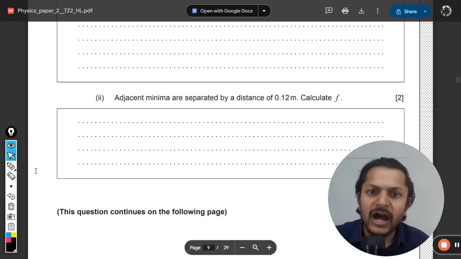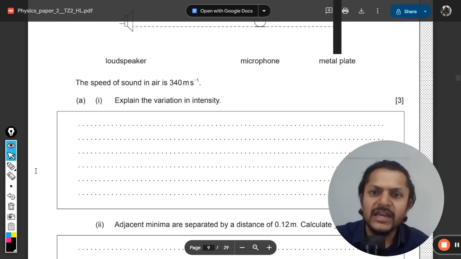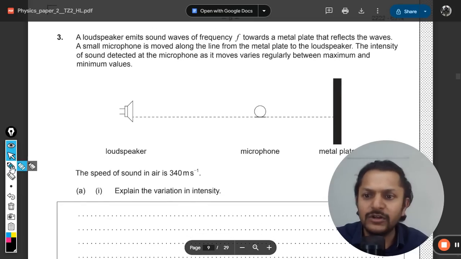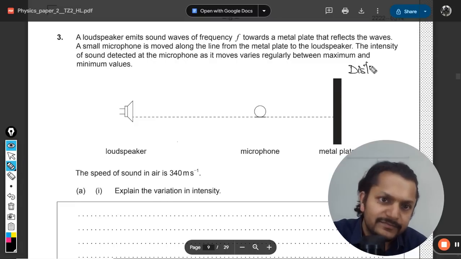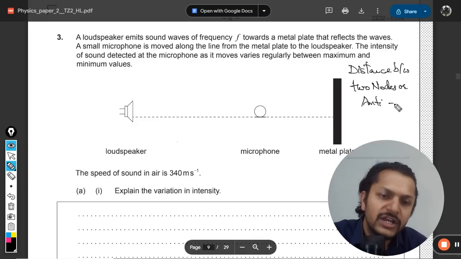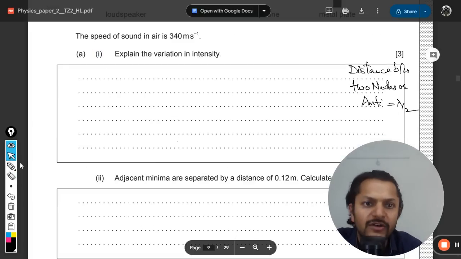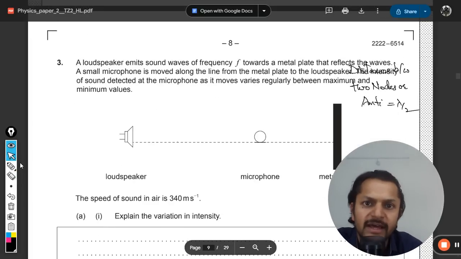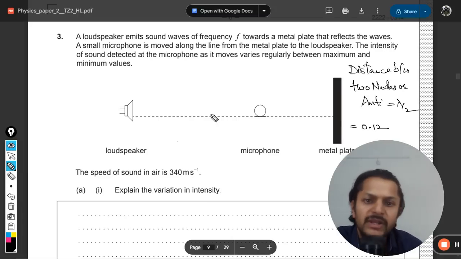Adjacent minima are separated by a distance of 0.12 meter. Calculate frequency. So in the case of sound standing waves, we know that the distance between two nodes or two antinodes is always equal to lambda by 2, and that is given as 0.12 meters.